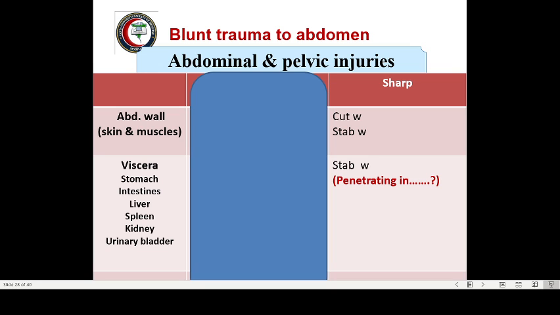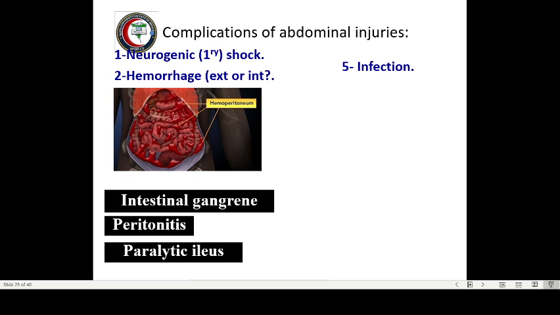The kidney is covered by the peritoneal membrane on its anterior surface only. It is not enclosed in peritoneum like all these organs. So when someone suffers from a sharp trauma, a stab to his back in the loin region, there is a stab of the kidney, but this stab doesn't penetrate the peritoneum.